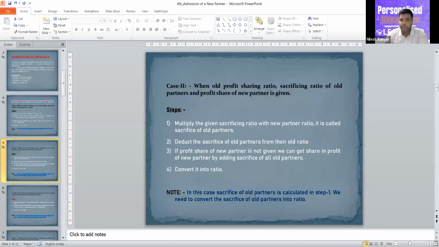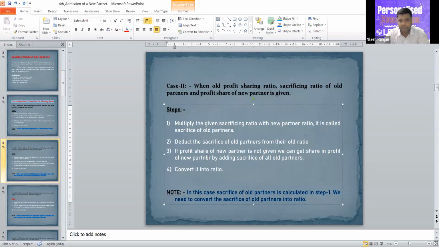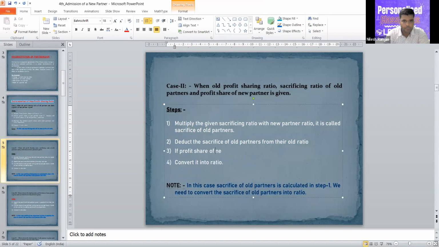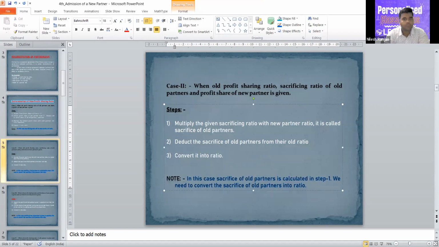And then if the profit share of the new partner is not given, actually in this question it is given, but sometimes it will not be given. This is our case 2.